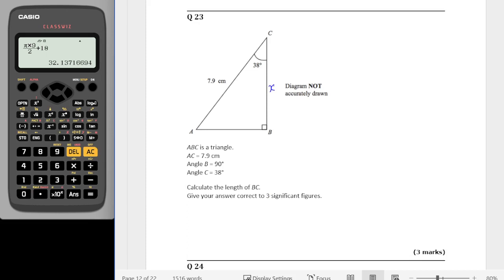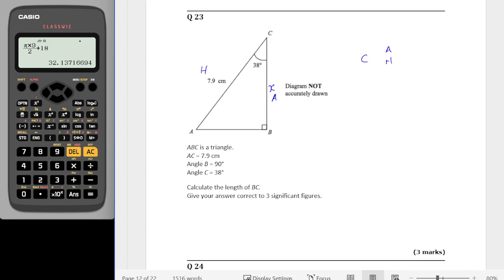If we look at the information in the question, we're dealing with 2 sides and an angle, so we're going to be using trigonometry. So my first step is to label the 2 sides that I'm working with. So this 7.9 would be the hypotenuse, and this X would be the adjacent. So I'm looking for my trig ratio that involves A and H. It's going to be the cos ratio.